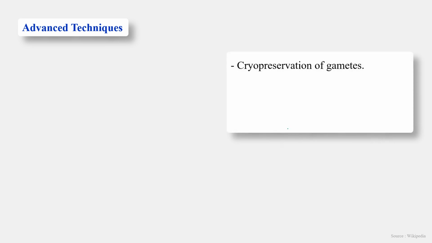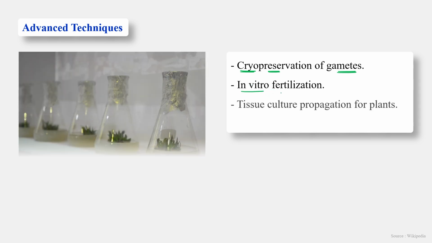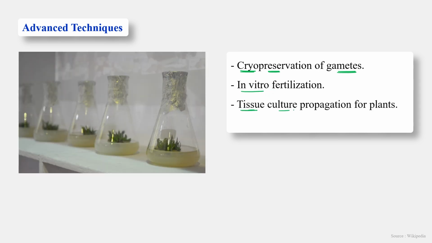Now, advanced techniques. In advanced techniques for ex situ conservation, one can conserve gametes or seeds of different types of plants under cryopreservation, like at minus 198 degrees centigrade in liquid nitrogen, deep freezer, in vitro fertilization, and tissue culture, propagation of a plant under a controlled environment.